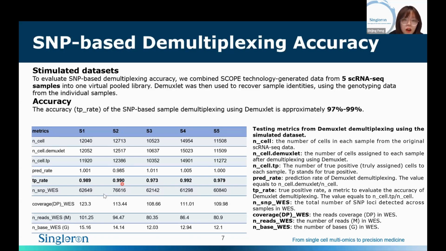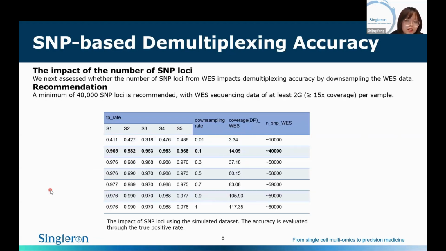From the table, we can see that the number of SNP loci in the WES data is very high. We were wondering about the requirements of the WES data that can be used for sample demultiplexing, so we did some further testing on the impact of the number of SNP loci.